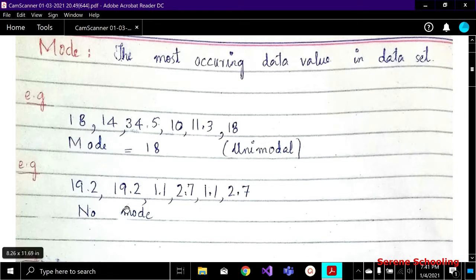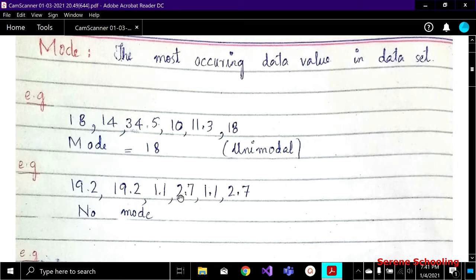In the next case, you can see 19.2 is repeating two times, 1.1 is repeating two times, and 2.7 is also repeating two times, right? These three values are repeating two times. It does not mean that since the values are repeating two times, it is bimodal. No, because the occurrence of all the data values is the same.